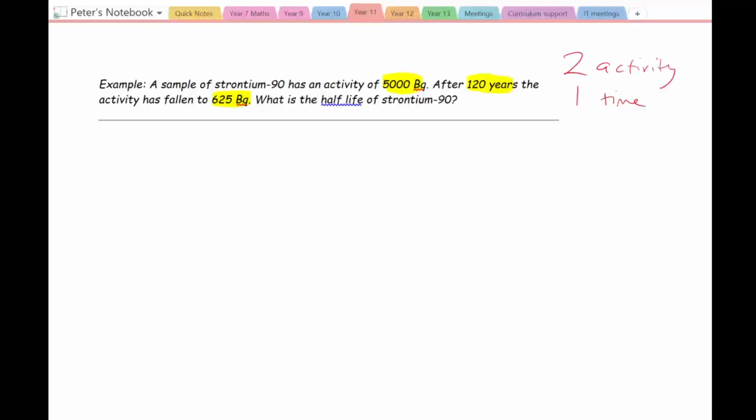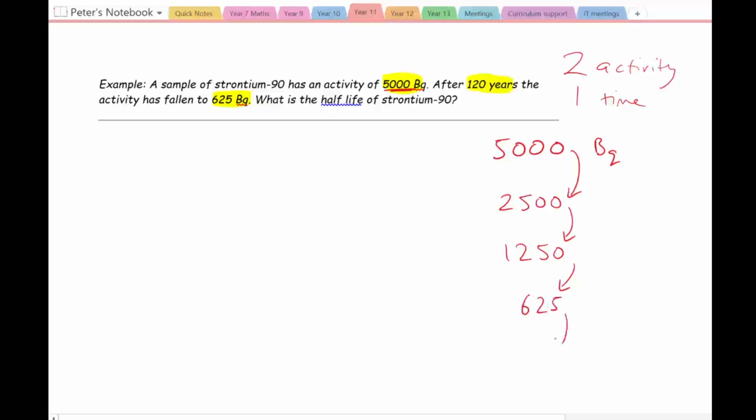So again, you start with the same idea. You know what the activity is at the beginning. It's 5,000 becquerels. And in one half-life, that would change to 2,500. And then that would go on to change to 1,250. Then again to 625. And then again to 312.5.